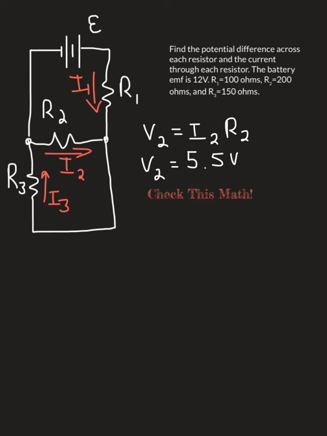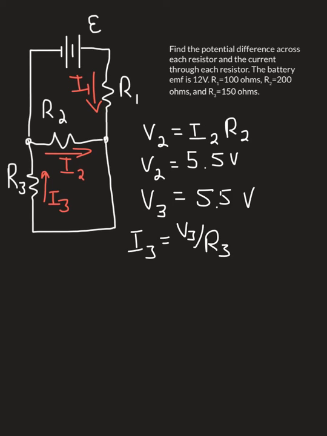The direction of going across the resistor isn't important. From analyzing loop 2 that has only the 2 resistors in it and no battery, you know that the potential difference across resistor 2 has to be equal in magnitude to the potential difference across resistor 3. So now that we know V2, you also know V3.